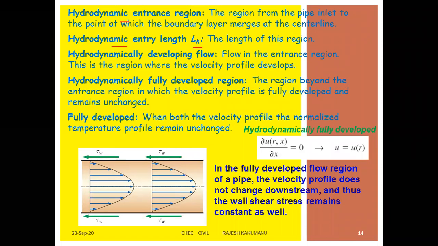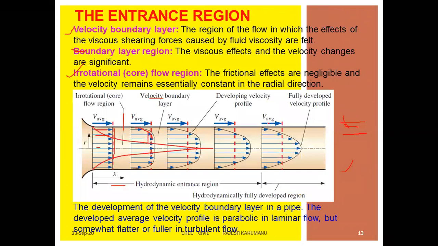Next one, the hydrodynamically fully developed region. This is the region beyond the entrance region in which the velocity profile is fully developed and remains unchanged. Fully developed means both the velocity profile and the normalized temperature profile remain unchanged. So where you are seeing it fully developed and unchanged, that is the hydrodynamically fully developed region.